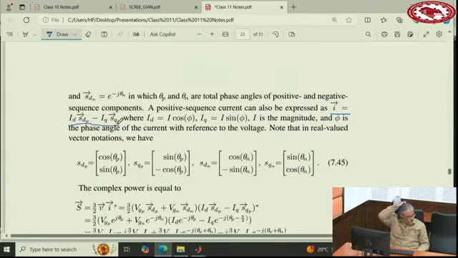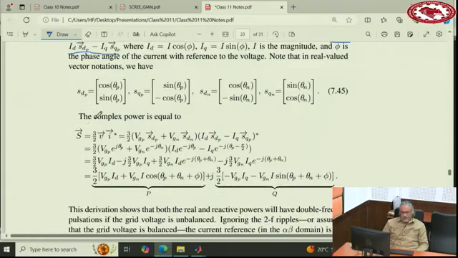In other words, I want the converter to generate positive sequence balanced current, and the grid voltage could be balanced or unbalanced.